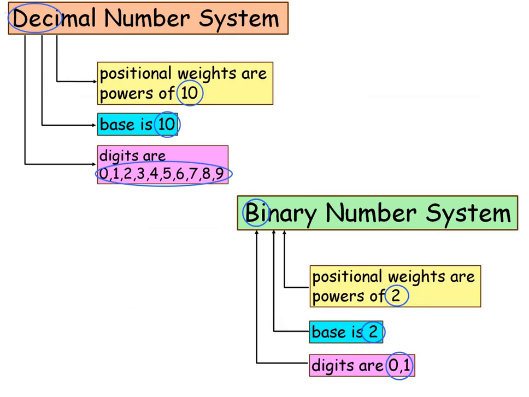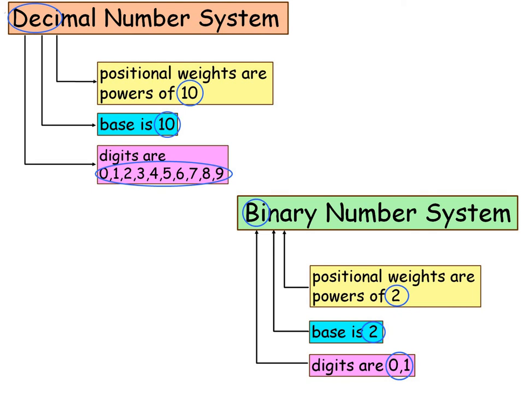Now take a look at both the number systems. In decimal number system, the positional weights of the digits are powers of 10, base is 10, the digits are 0 to 9, a total of 10 digits.